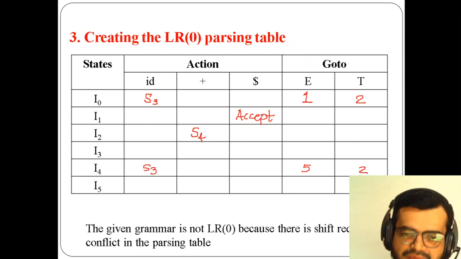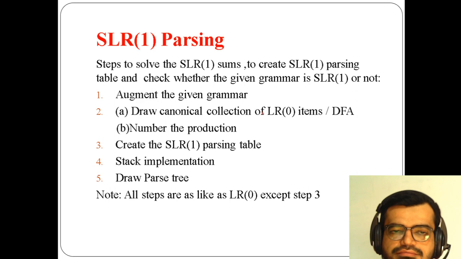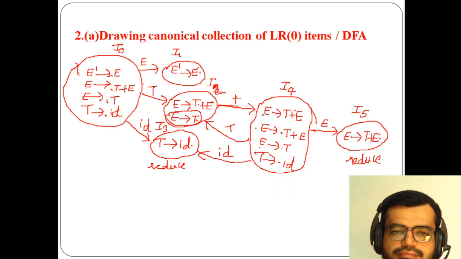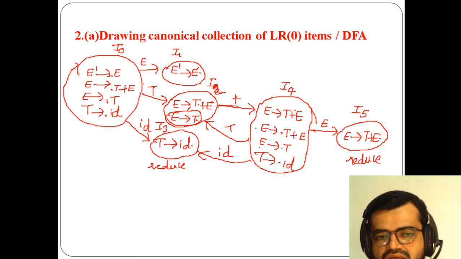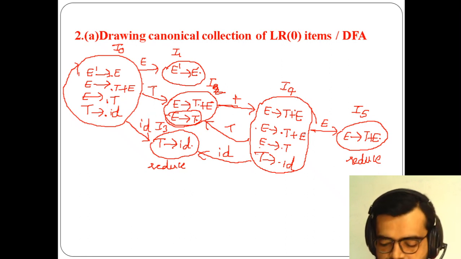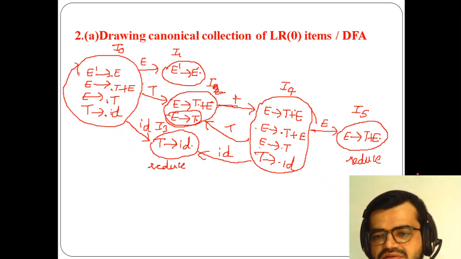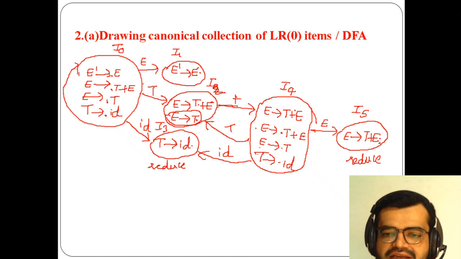Okay, similarly, next is what are the reduce operations? There are 3 reduce operations. Yes, if you go with I5, you can get E of T plus E dot.